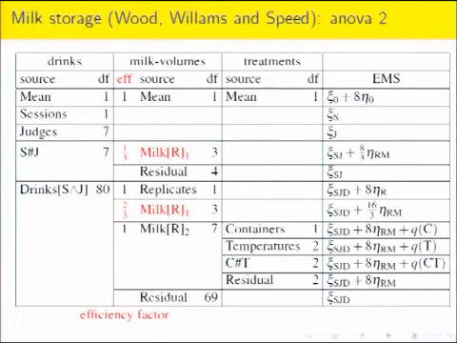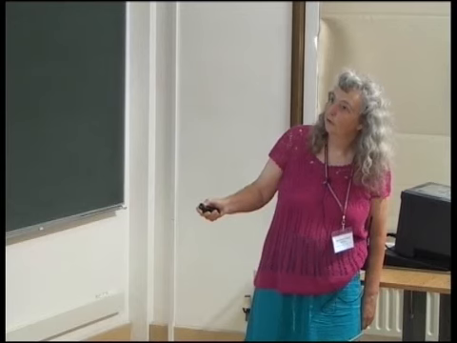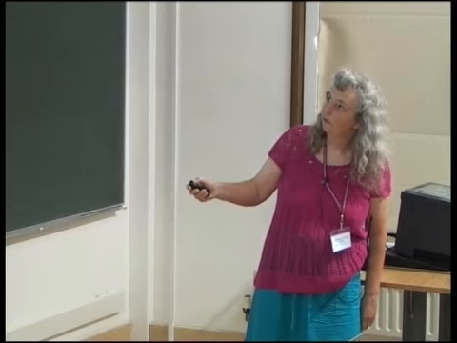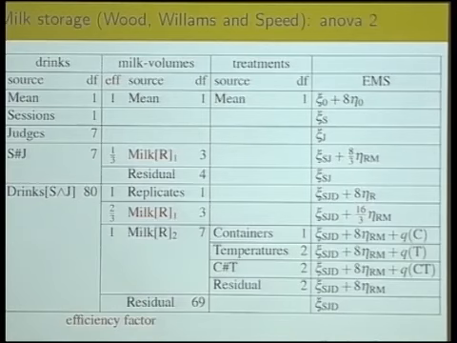The 2 parts, one of those parts was partially confounded in sessions by judges, partially down here. And the efficiency factors were 1/3 there and 2/3 there. And when you've got this partial confounding, these efficiency factors then turn up as multipliers in the expected mean squares.